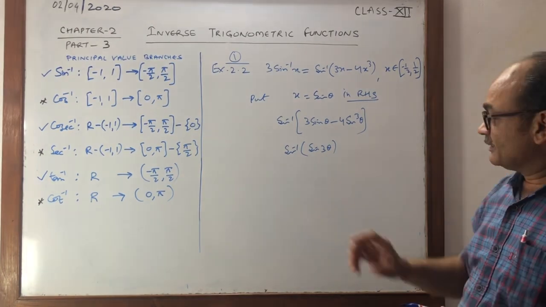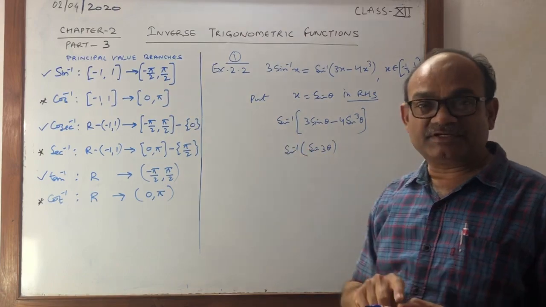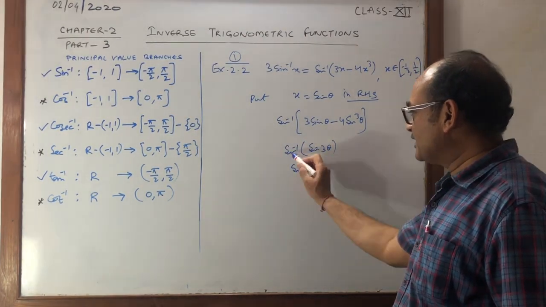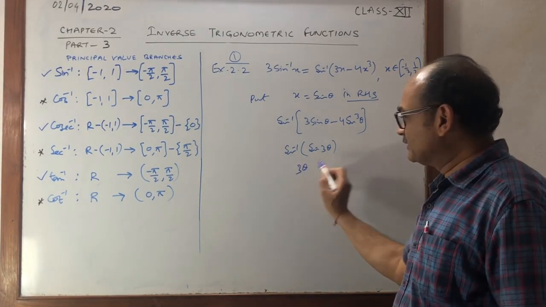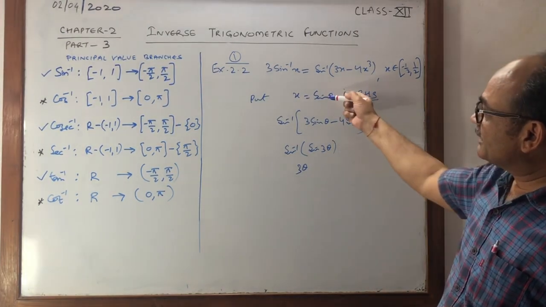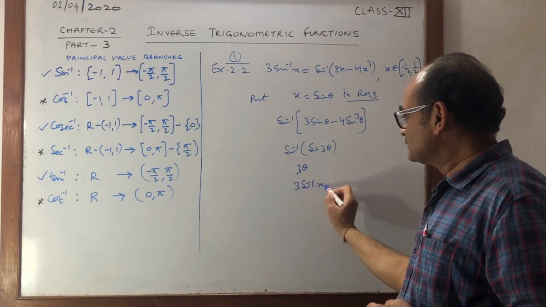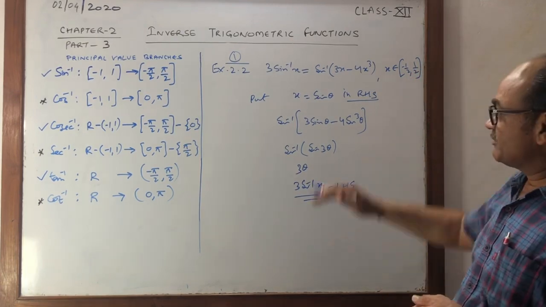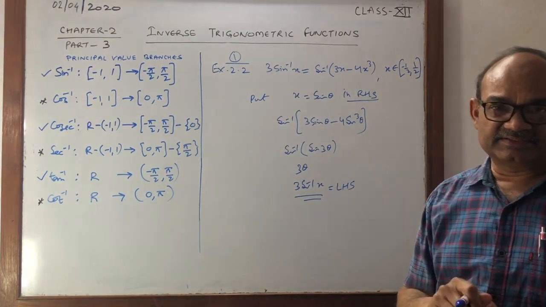When this 3 theta lies in the principal value range, sin inverse and sin neutralize and the answer remains only 3 theta. But what theta did we assume earlier? Sin inverse x. So this is nothing but the LHS. We start this question from the RHS and come to the LHS.